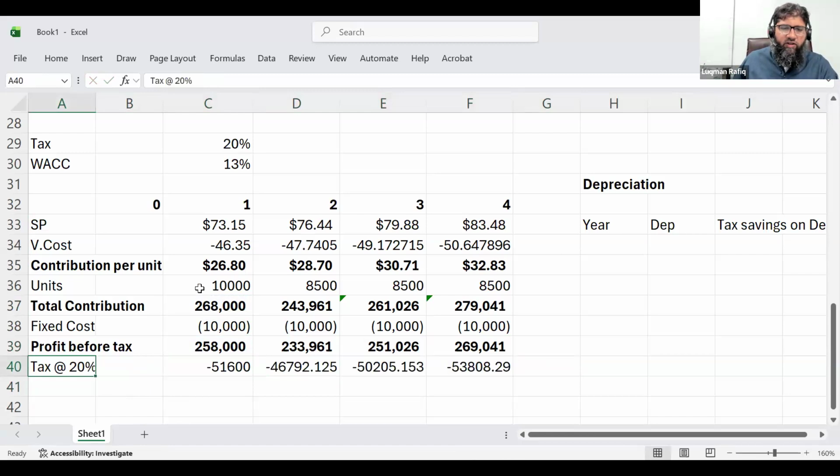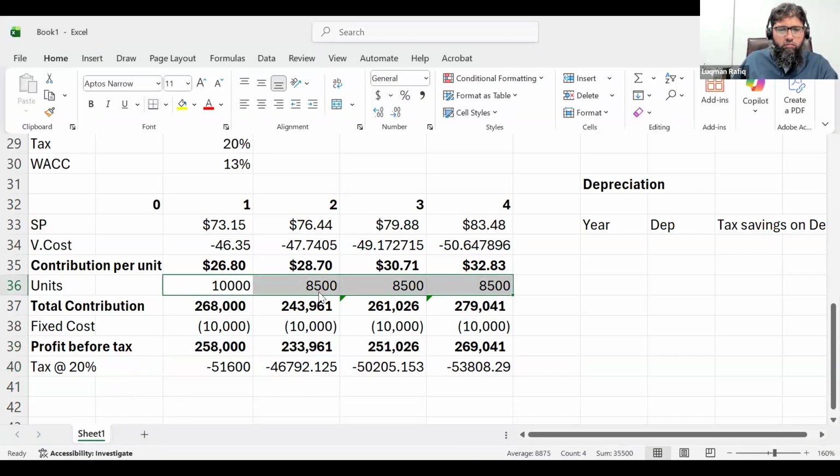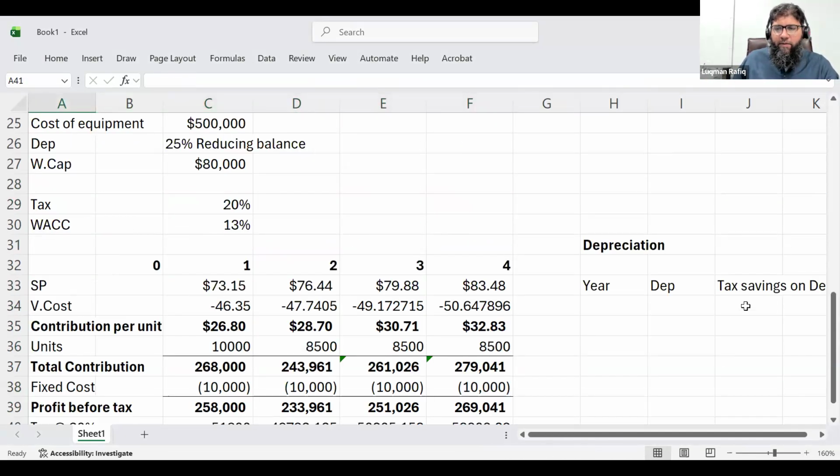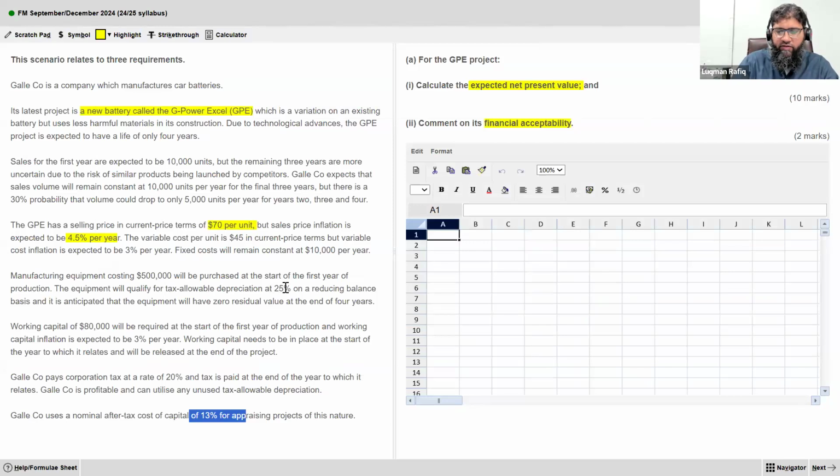Then if I say 1, 2, 3, and 4, the asset is going to cost me 500,000 and will have a 25% reducing balance depreciation.